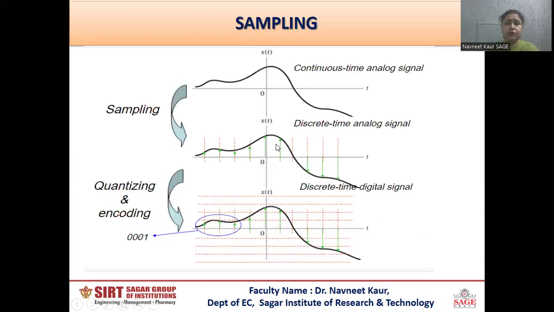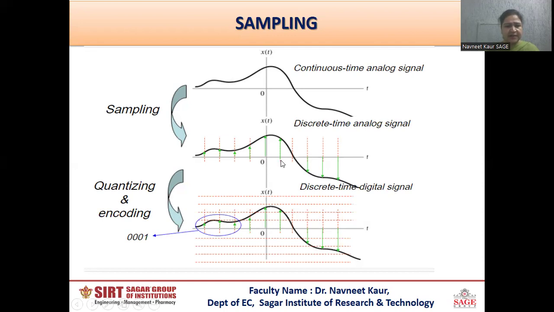Now, to convert any continuous time analog signal into a discrete time signal, we will do the sampling of the continuous time signal. Sampling means that we will take out the samples of this continuous time signal at regular intervals of time. Here we can see the first sample which we have taken of this continuous time analog signal is at t equal to 0.